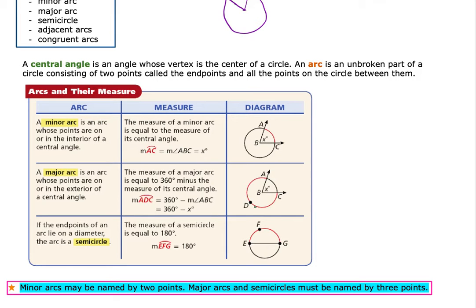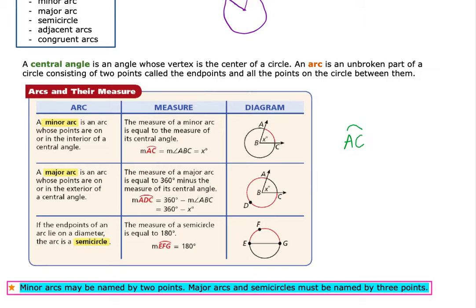But a major arc, you have to have 3. So this would be measure of arc ADC is 360 minus x. That's the symbol for it when you have arc AC.